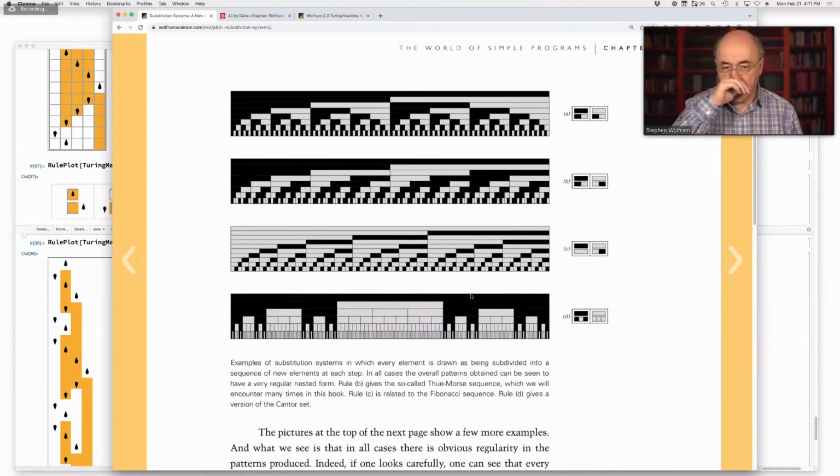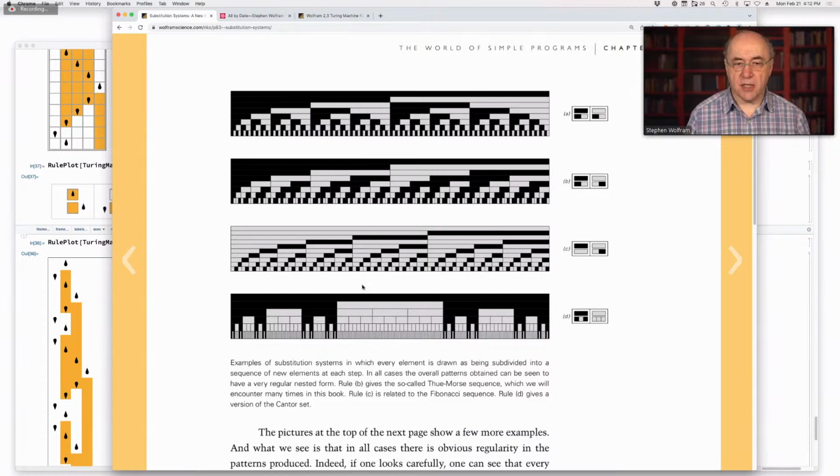It's a nuisance to represent these things because the number of cells is growing rapidly. But if you're looking at cases where every cell is subdividing, you can think of it as a subdivision process. Here is one case where the subdivision eventually leads you always to periodic structures. In this case, the subdivision leads you to a structure which is never periodic.